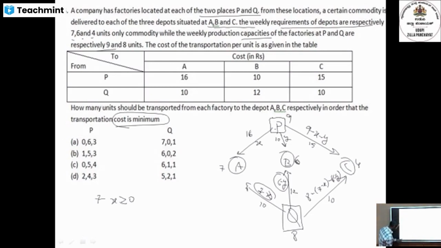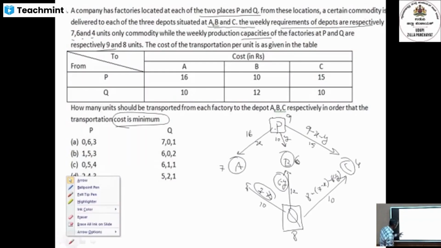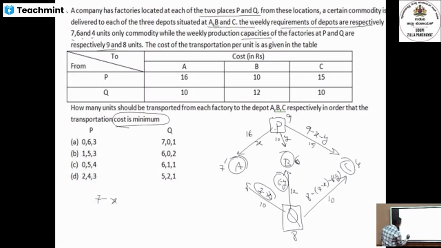One second, sorry for that. 7 minus x is the units assigned to the depot A. It cannot exceed the requirement of A. So 7 minus x will be less than or equal to 7, and x should be less than or equal to 7. This is from the point A. Okay.